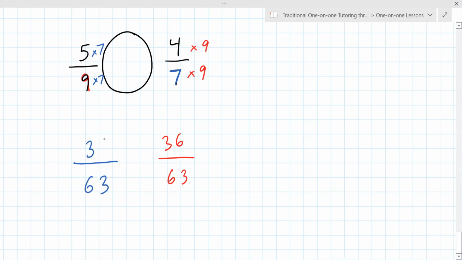But the number up top will be a little bit different. Is that okay? Yeah. So this becomes a less than. Now this leads nicely to adding fractions.